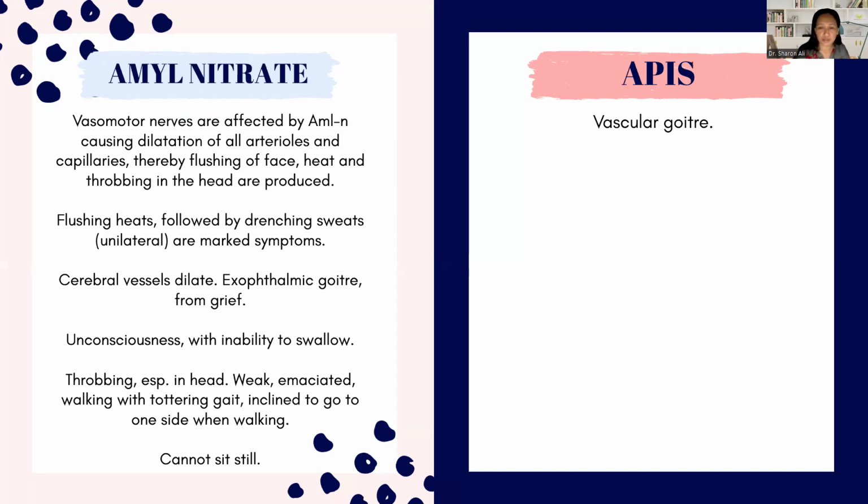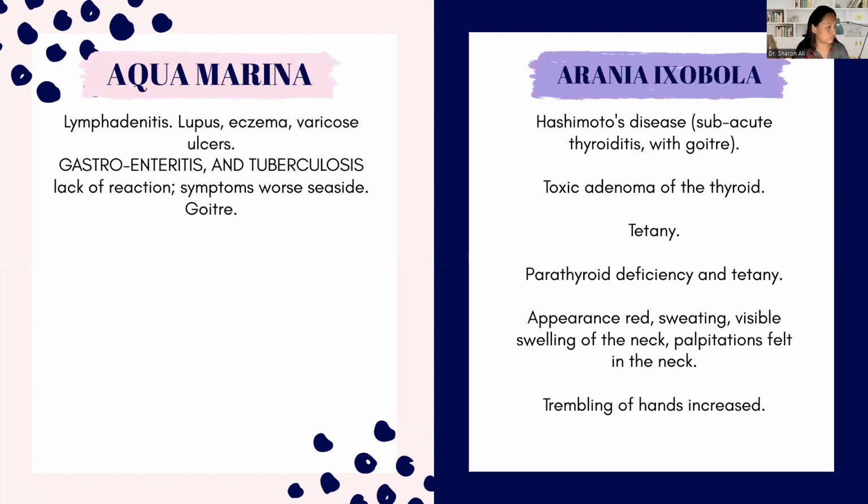Vascular goiter in Apis. So when we say vascular goiter, it means that the swelling which you have examined in the neck will have a pulsation to it. Okay, you'll feel it. When you feel it, you'll see it's beating against your fingers. Aqua marina. Goiter, which is worse at the seaside.